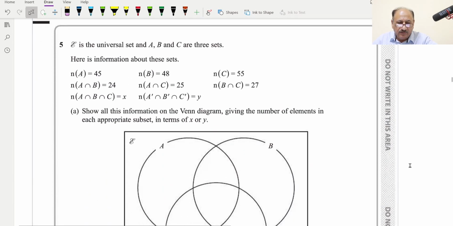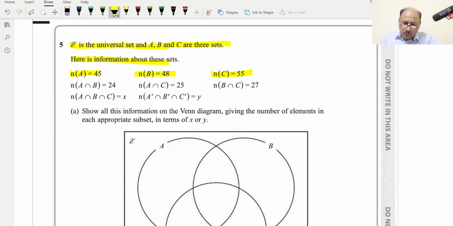Question number 5 is Venn diagram question, and this is a little tricky question. E is the universal set, and A, B, C are three sets. Here is information about three sets. N of A is 45, and N of B is 48, N of C is 55.